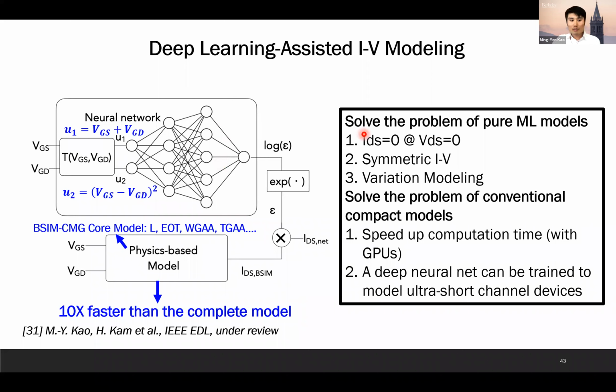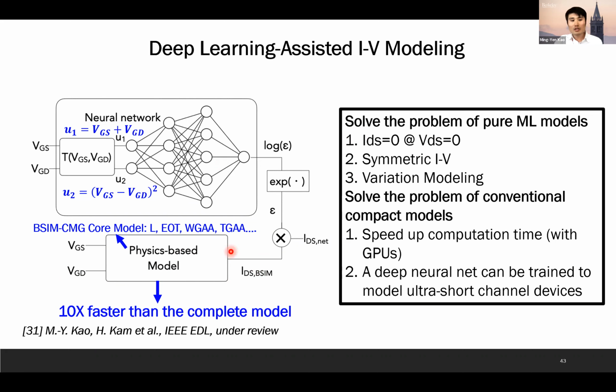And I'm going to talk about a few benefits. For the cons of the ML model, here the IDS output will be 0 if VDS equals 0, because this is a physics-based model. We can guarantee that at VDS equal to 0, this output will be 0, and 0 multiplied by any factor will be 0.